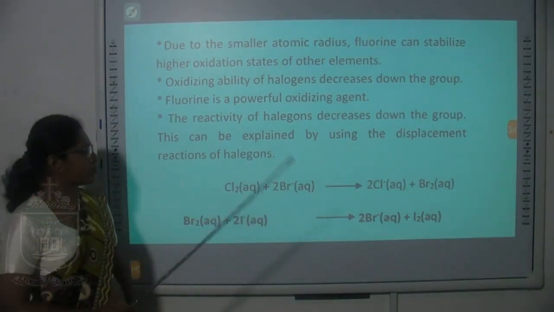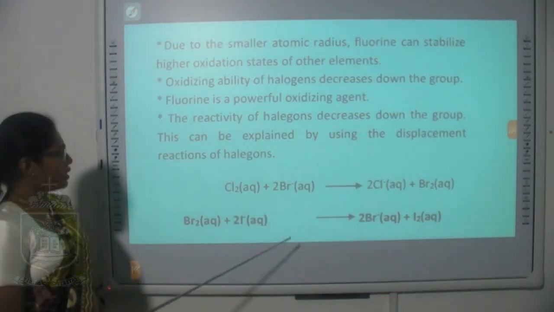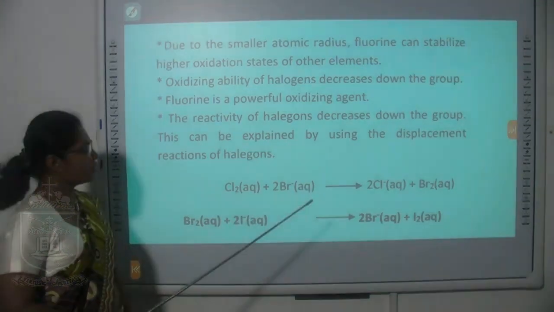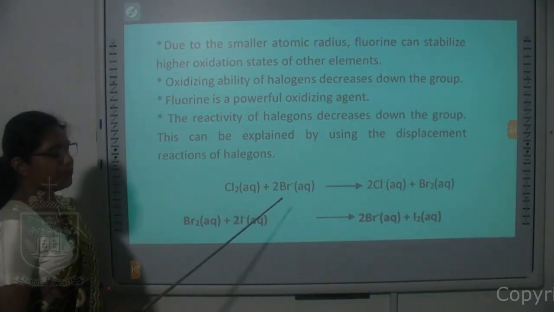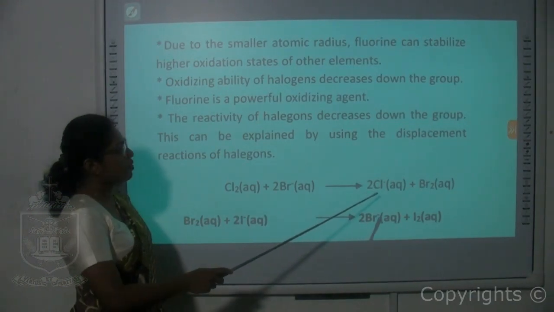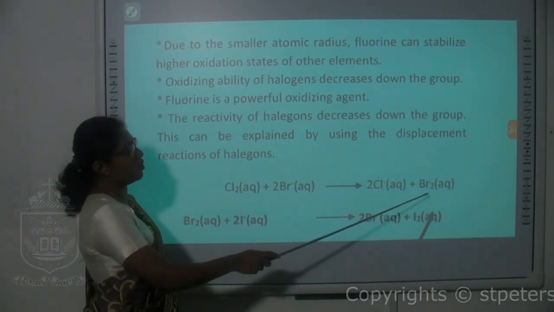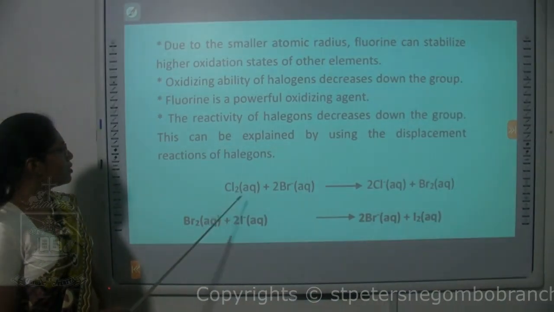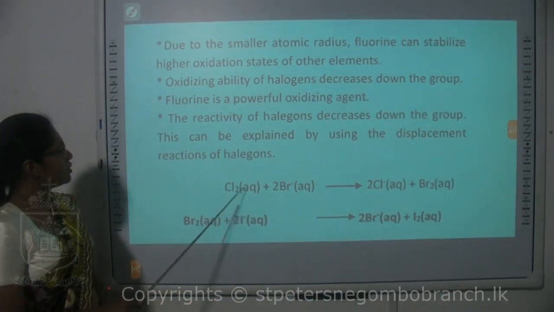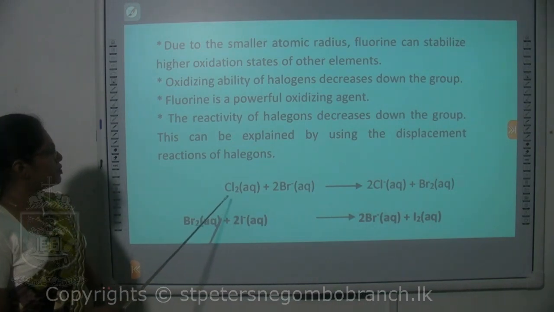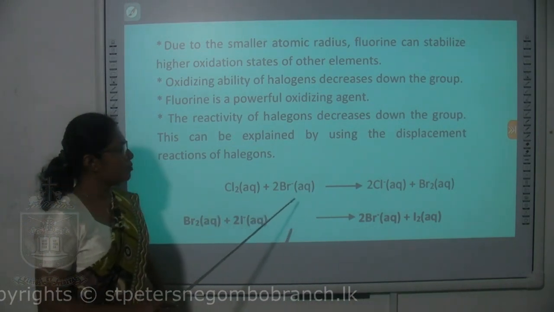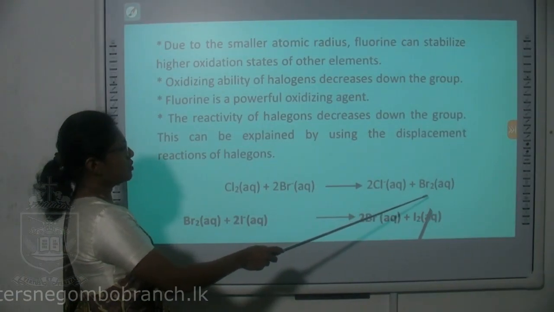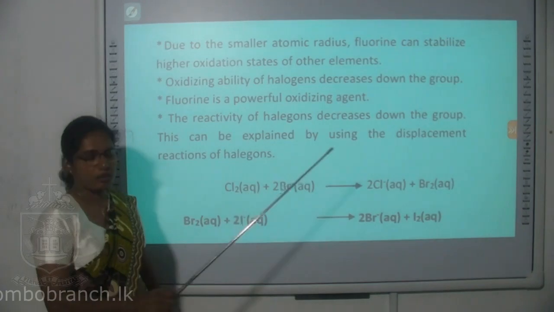If we consider these two reactions, in the first one, chlorine reacts with bromide ion and it forms chloride ion and bromine, because here chlorine has been reduced and bromide ion has been oxidized to Br2.